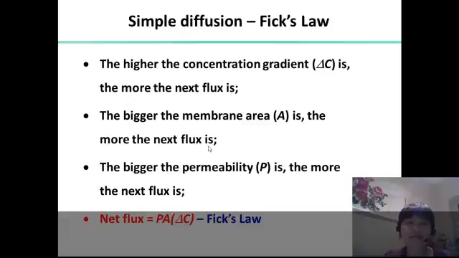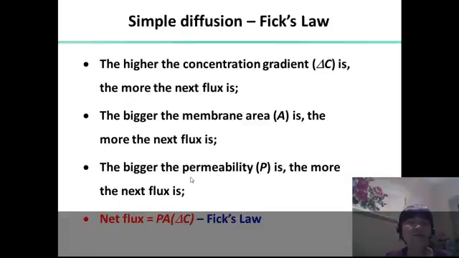Then, the bigger the permeability is, the more the net flux is. So if we use an equation to quantify this, net flux equals permeability times area times difference in the concentration. So this is Fick's law.